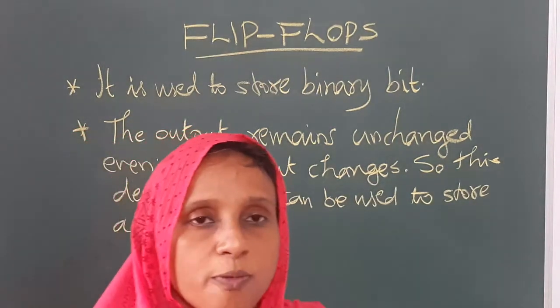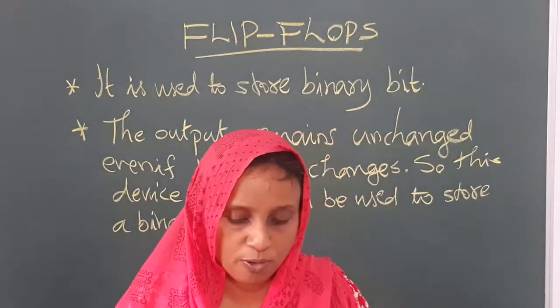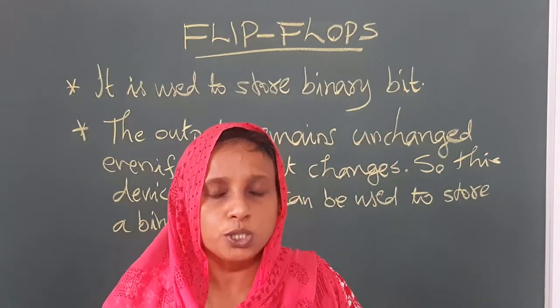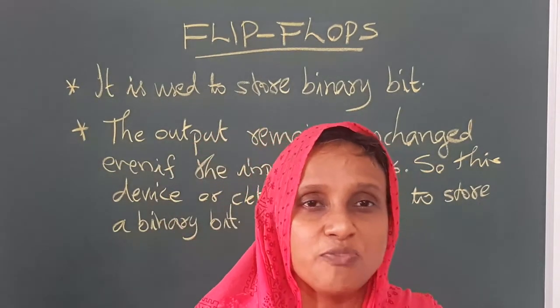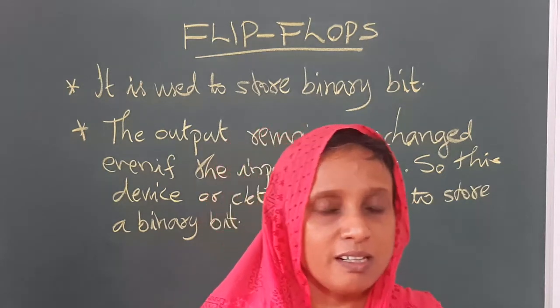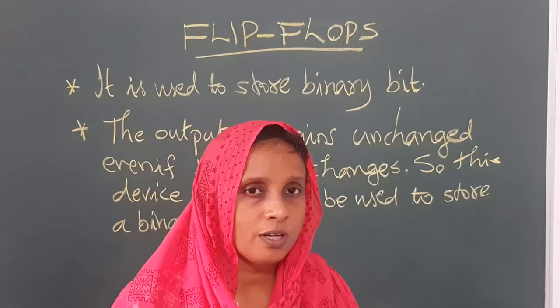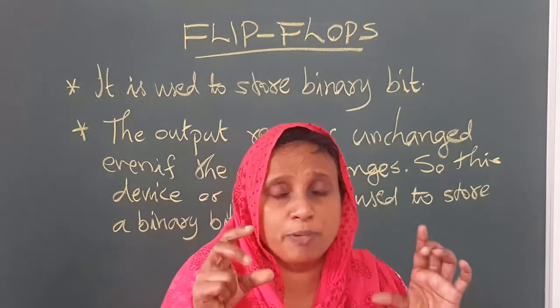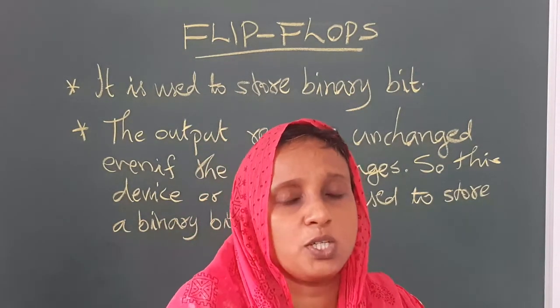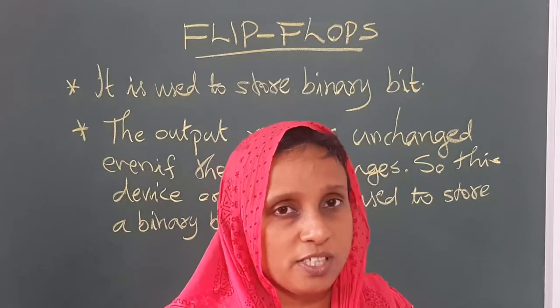Now, we can model a simple flip-flop using two inverters. We already learned about inverter, the NOT gate. It is just like any bistable device that can be used as a switch.